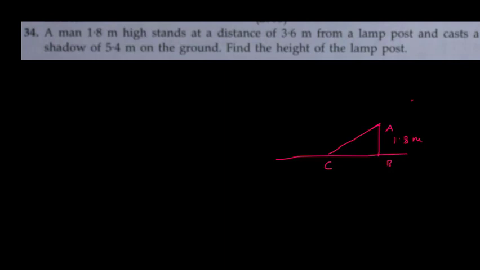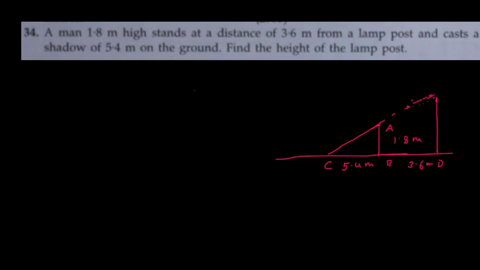Okay, so the position of lamp post also I have to indicate. Here there will be a lamp post, and from this lamp post light is coming, say A, B, C, this point D, and this BD is given 3.6 meter. And the shadow, this BC, is given 5.4 meter.